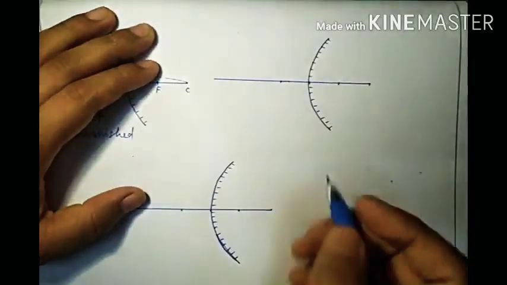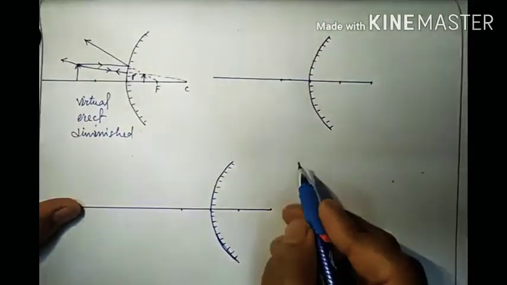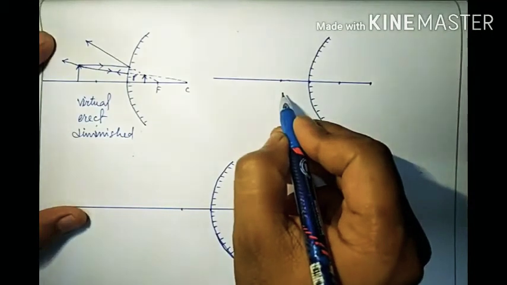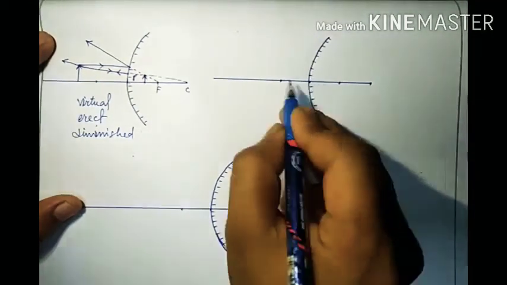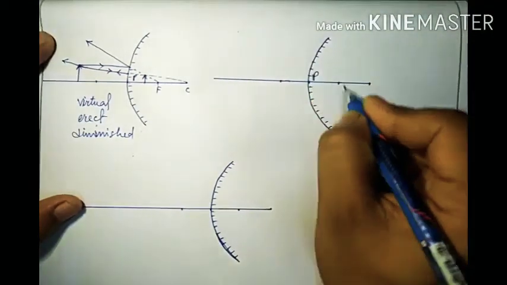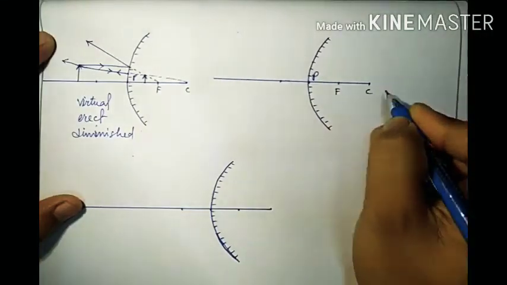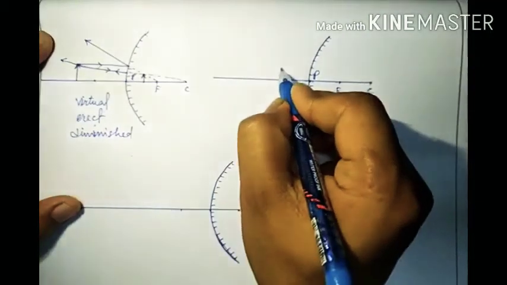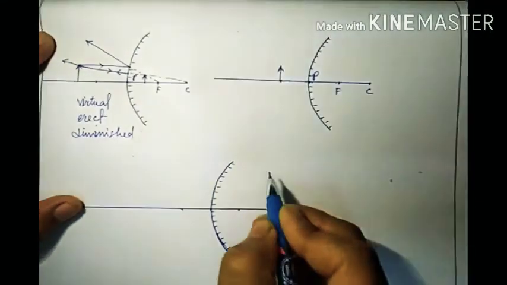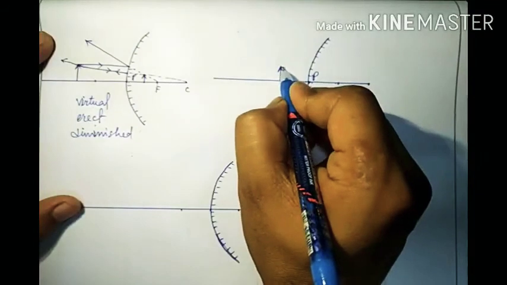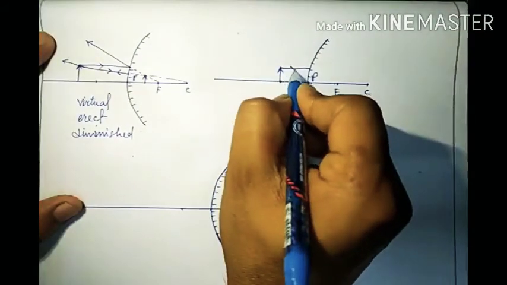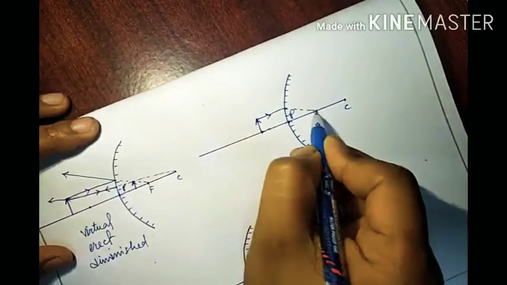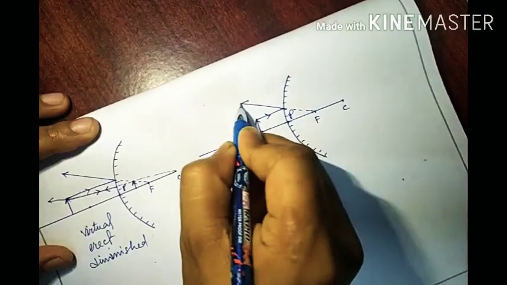Let us draw the second case, when we keep our object at a distance equal to the focal length of this convex mirror. Pole, focus, center of curvature. This is the focal length, the PF distance. Here I have taken this much distance. This is our object. Again, this is the ray which is parallel to the principal axis. It will pass through the focus, reflected ray this one.